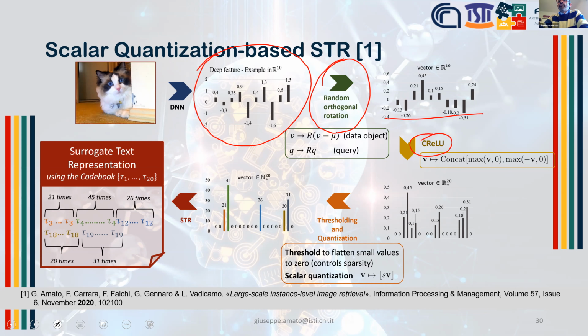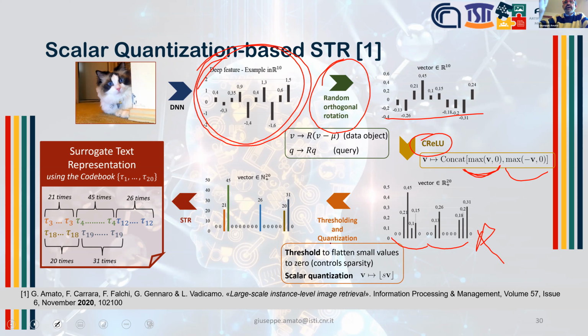A ReLU puts to 0 everything that is negative. So what we do is to concatenate all positive values and all negative values into separate parts of the vectors. By doing this, you can see that we have vectors which contain some positive values and some values that are forced to be 0. So this is already a bit more sparse than the original vector.